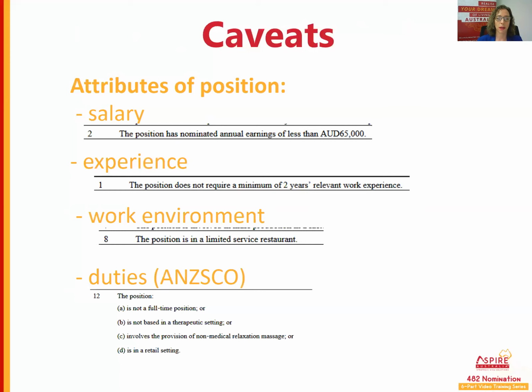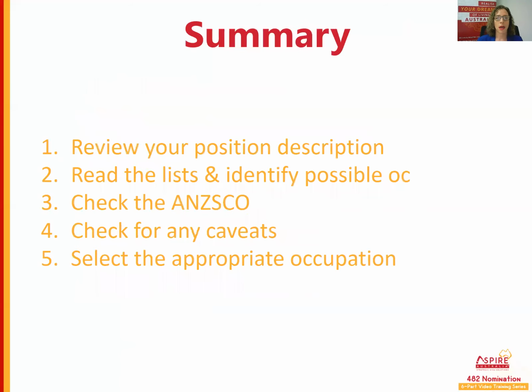In summary, the first step to nominate a worker is to determine if the position you have available aligns with one of the occupations available for 482 sponsorship. Write and review your position description so that it is clear. Read the occupation lists and identify any possible occupations that appear to align with your position.